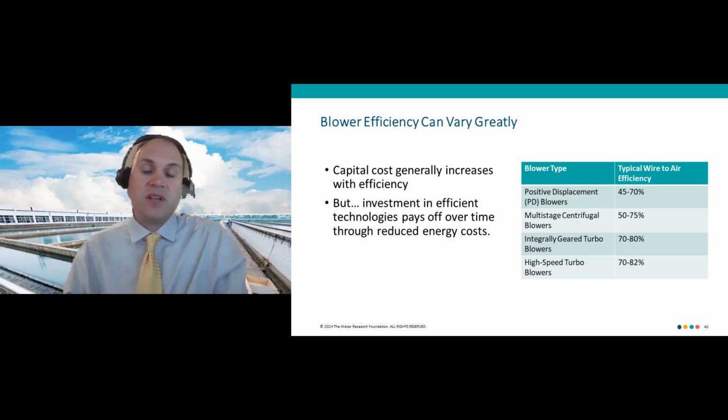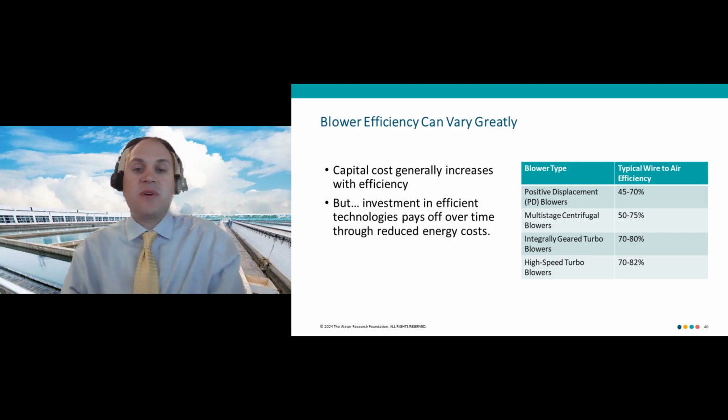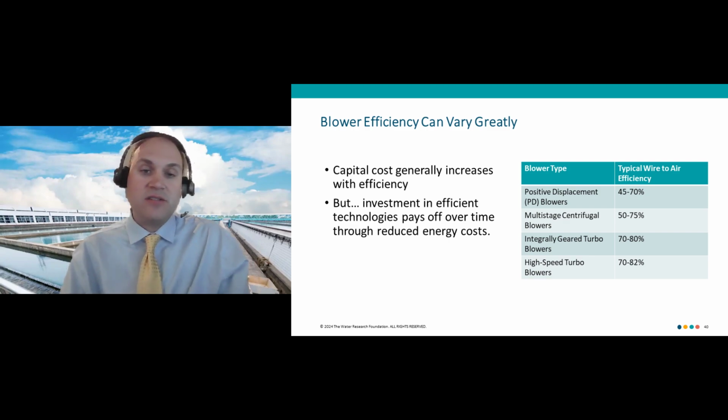Next step up from PD blower in general is multi-stage centrifugal blowers. And then from there, you can step up into the high efficiency of internally geared turbo blowers and finally into the high-speed turbo blowers. As you step up in efficiency, in general, the capital cost does rise as well. But usually over time, the gain in efficiency is going to offset any increases in initial capital cost.